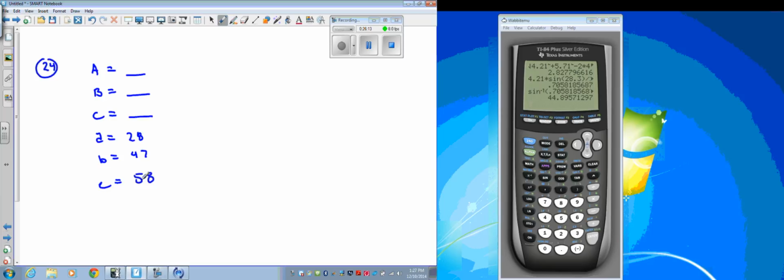Now, if you look at the sheet, it says what? Find the largest angle using the law of cosines. So, which one are we going to use?